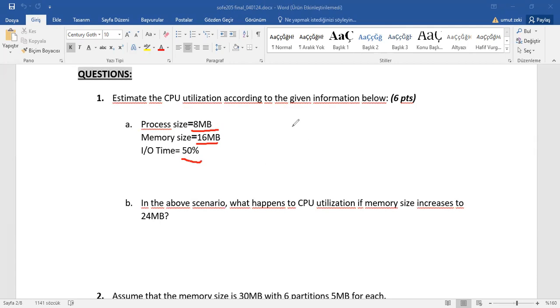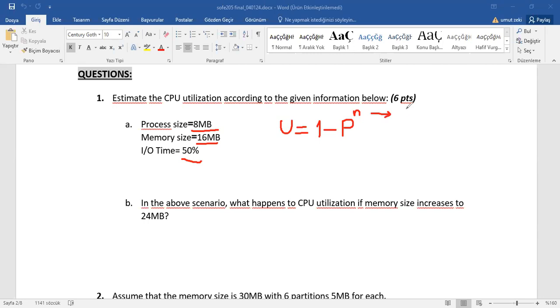So we have a formula. I'm going to write it as U, CPU utilization, equals 1 minus P over N. N is how many processes we can fit into the memory.